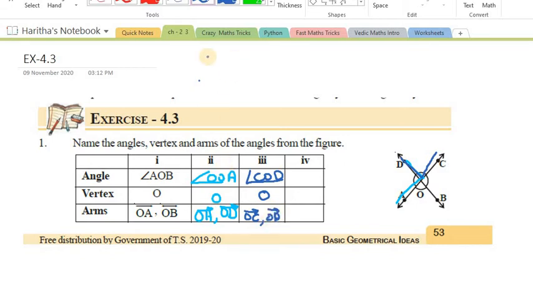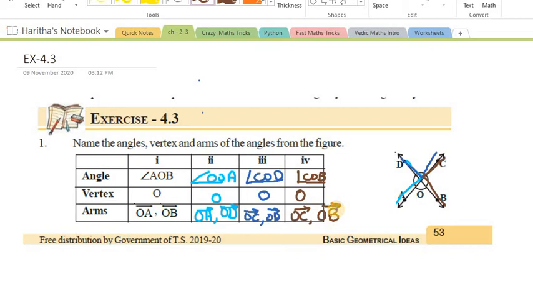And now we'll move on to the last one. So the vertex is O, and the angle I'll get is angle COB. So my rays are OC, OB.